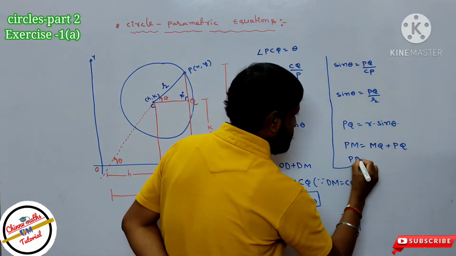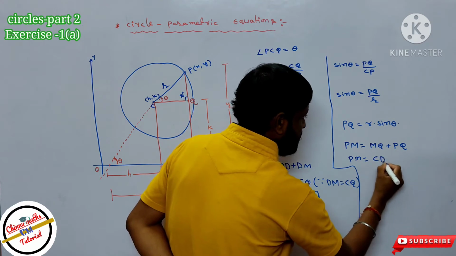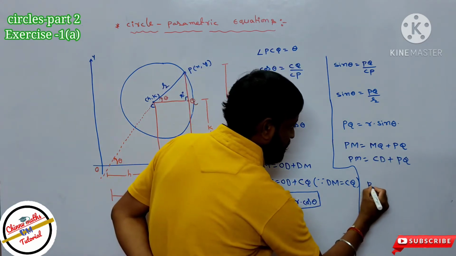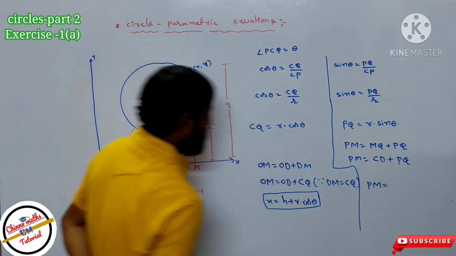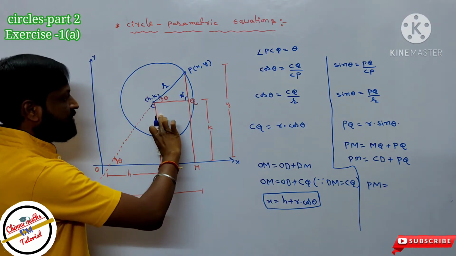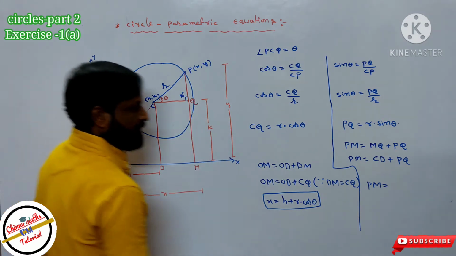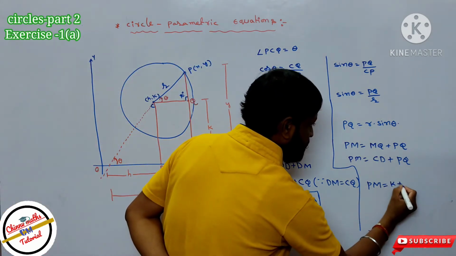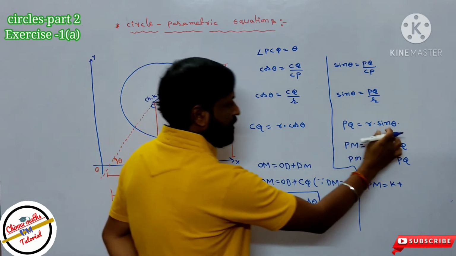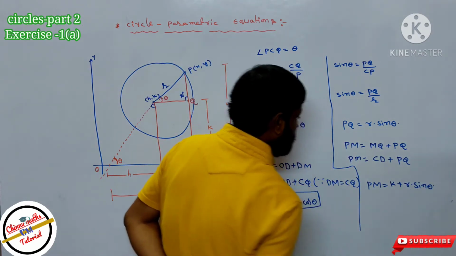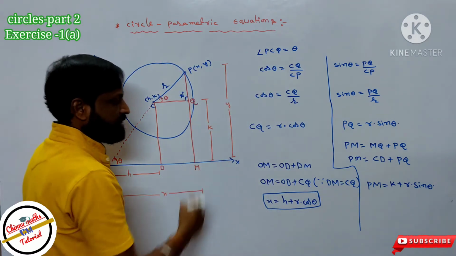Then PM equal to CD plus PQ. The CD value is equivalent to QM, that is equal to k. Then you can write k plus PQ. What is the PQ value equal to? r sin theta. What is the PM value? The total distance equal to y.